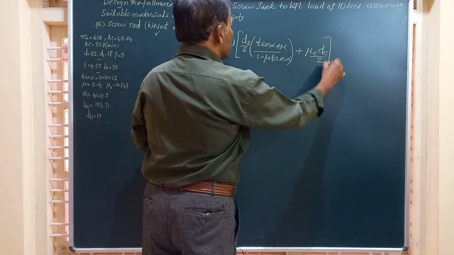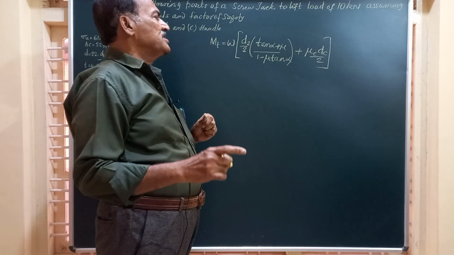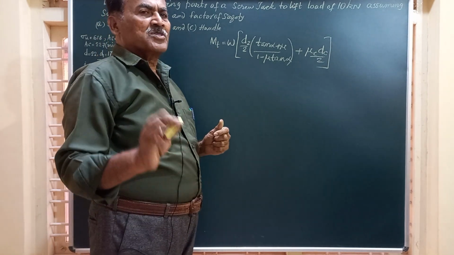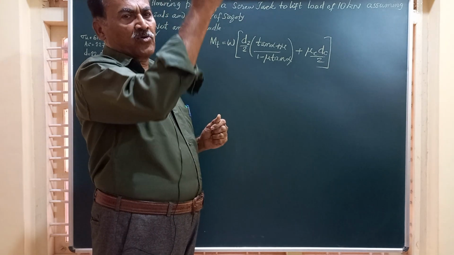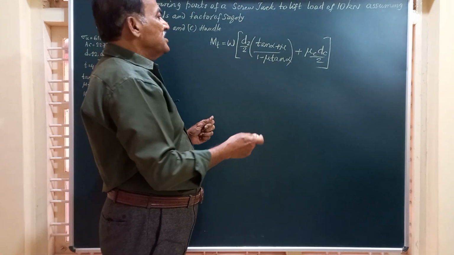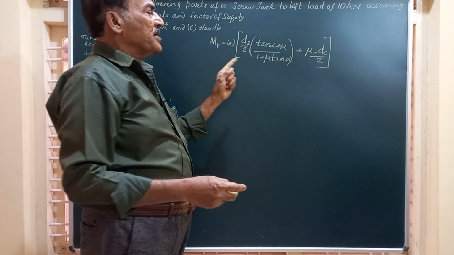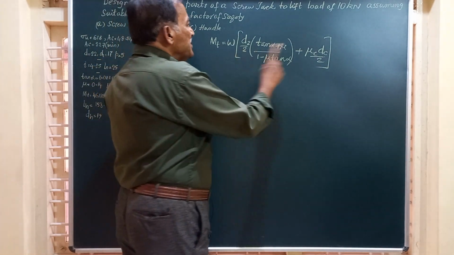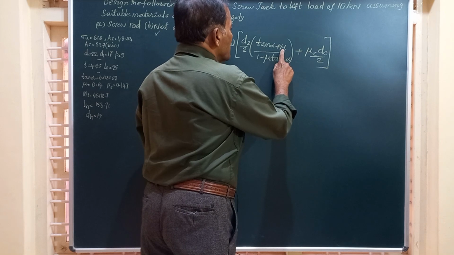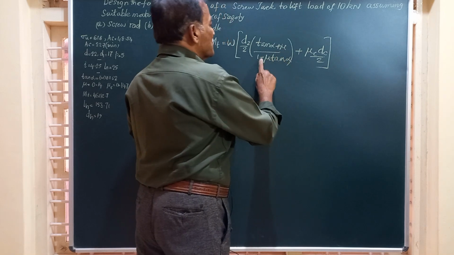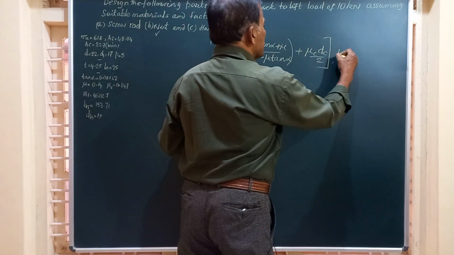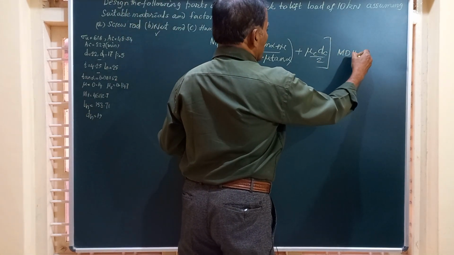This is the equation available in the machine design data handbook to calculate MT, the torque required to raise or lift the load. Friends, if you want to find the torque required to lower the load, the only difference is that in place of plus mu, you will have minus mu. That's all the difference. This equation is available again in the machine design handbook.